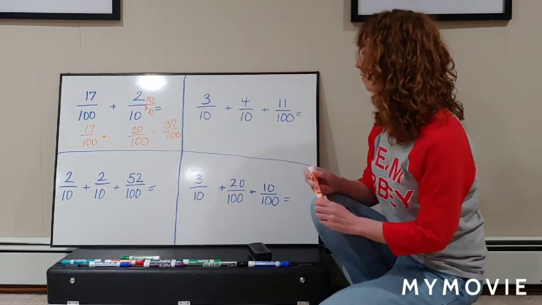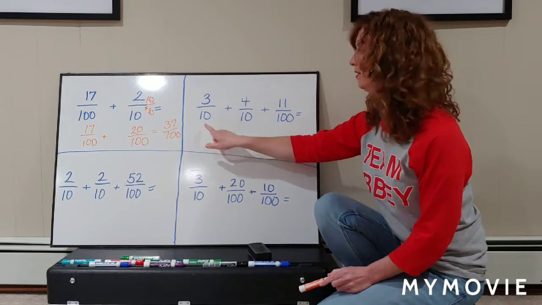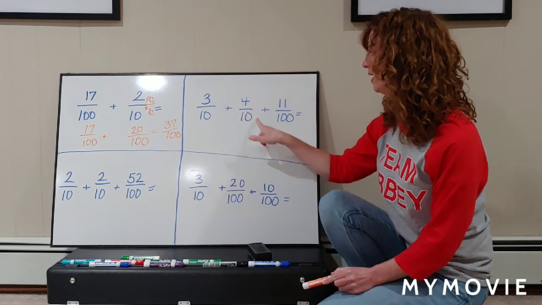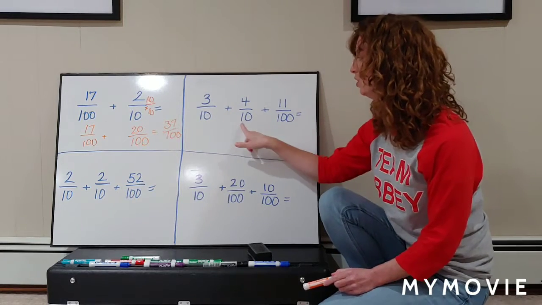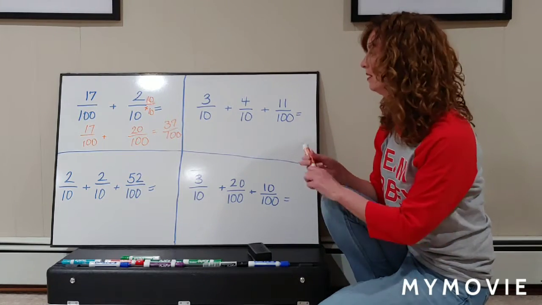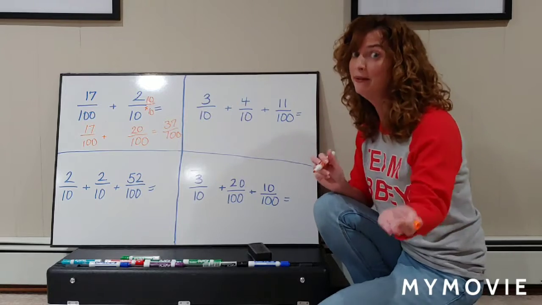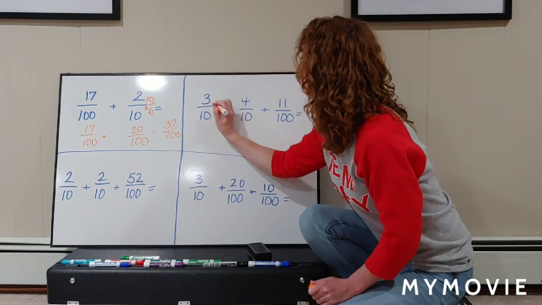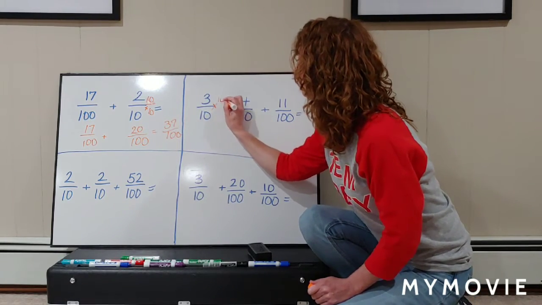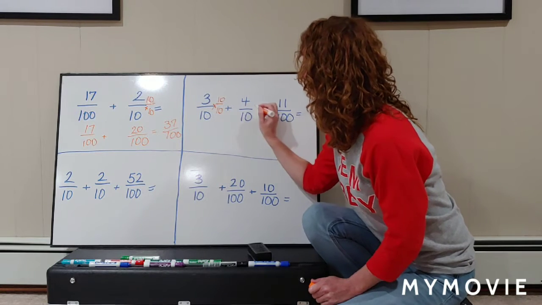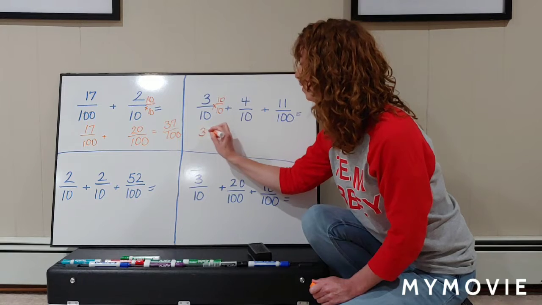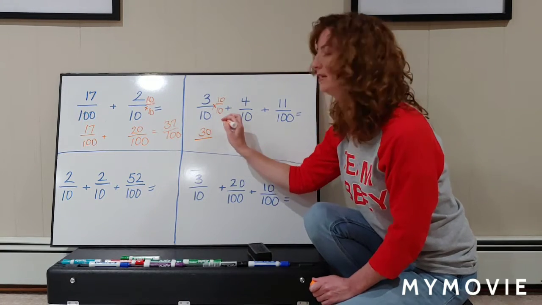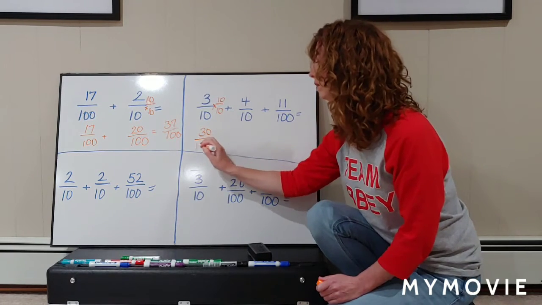Let's go into this example. I have 3 fractions this time. 3 tenths plus 4 tenths plus 11 hundredths. So I need to get these two to be the same as this. So I'm going to multiply by 10. So whatever you do to the top, you're going to do to the bottom. 3 tenths. 3 times 10 is 30. 10 times 10 is 100.